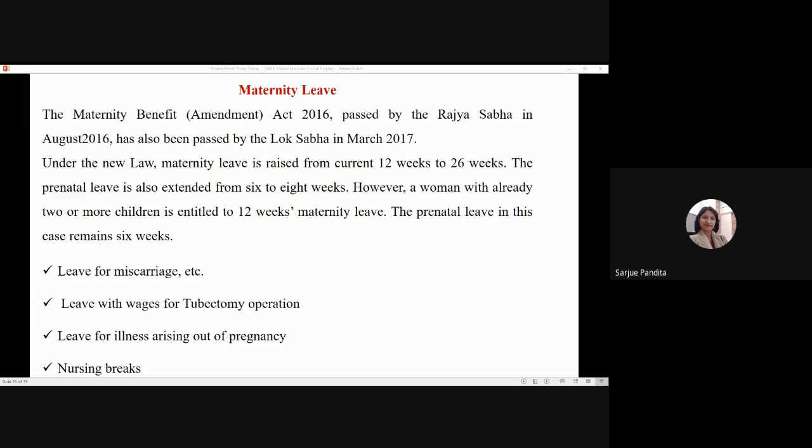A commissioning mother is also entitled to a 12-week leave from the date the child is handed over to her. Who is a commissioning mother? A commissioning mother is defined as a biological mother. For example, now there are two ladies, let us suppose. This is generally in case of surrogacy.